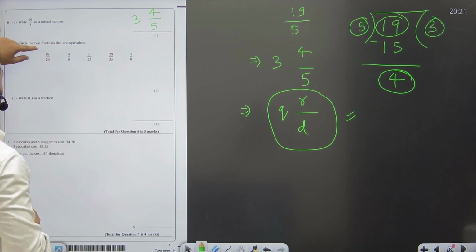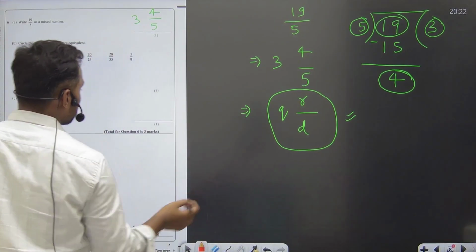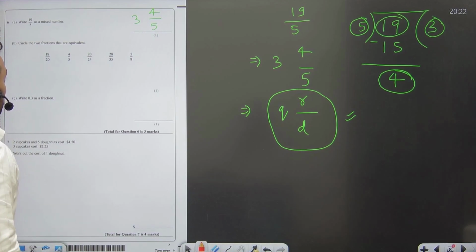Circle the two fractions that are equivalent. First, we need to see what the denominators are here.